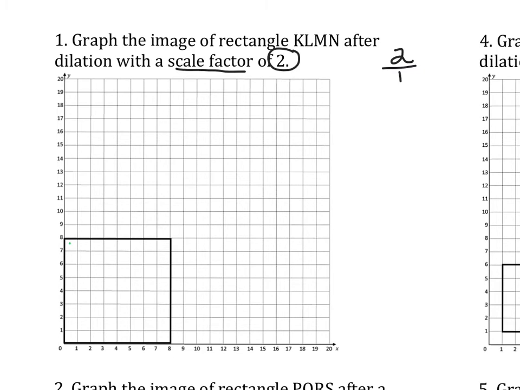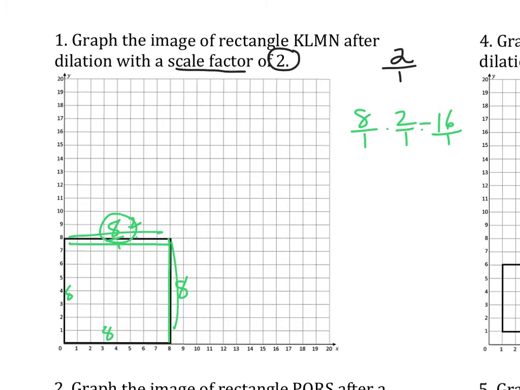From here to here is 8. And from here to here is 8. And this side's 8 and this side's 8. So we have to multiply this side by 2. 8 over 1 times 2 over 1 is going to be 16 over 1. So this side is going to be 16, and this side is also going to be 16.